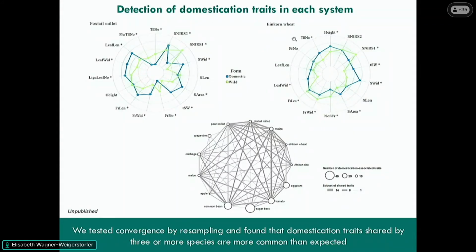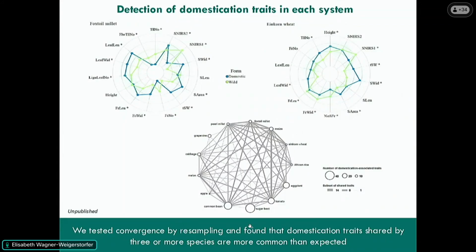And then here I plotted the exact same diagram as before. But here the sizes of the circles are now proportional to the number of domestication-associated traits, and the number of domestication traits that are shared between species is represented by the width of these lines here.